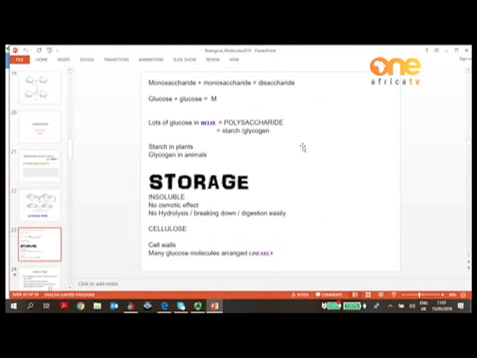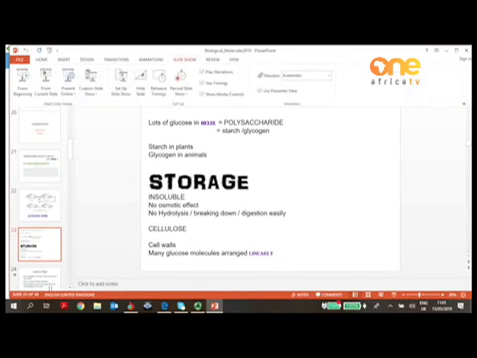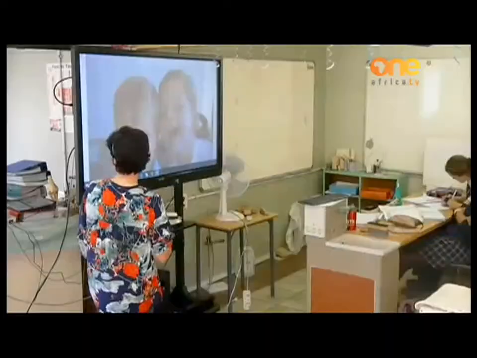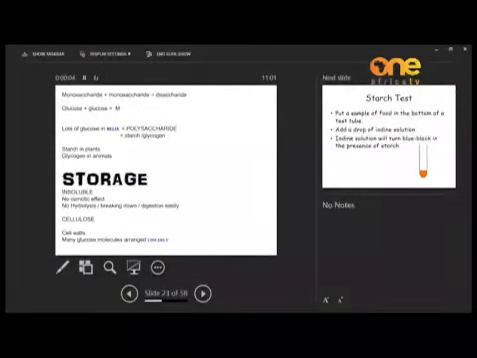If I am looking at the different types of carbohydrates, a monosaccharide plus a monosaccharide will give me a disaccharide. Glucose plus glucose gives me maltose.